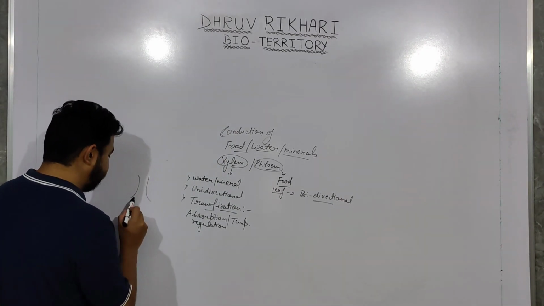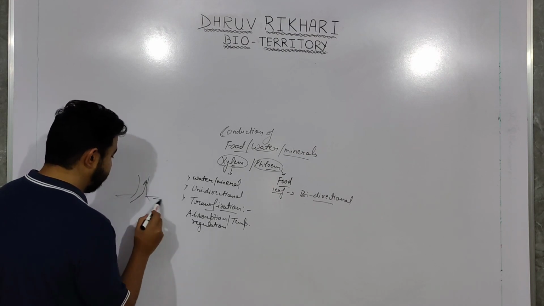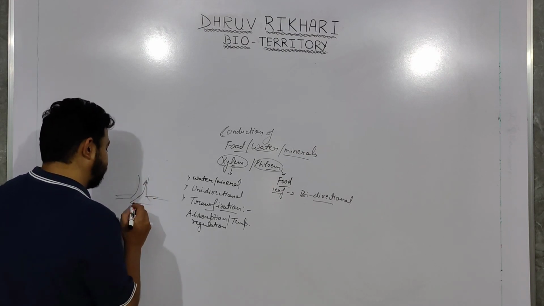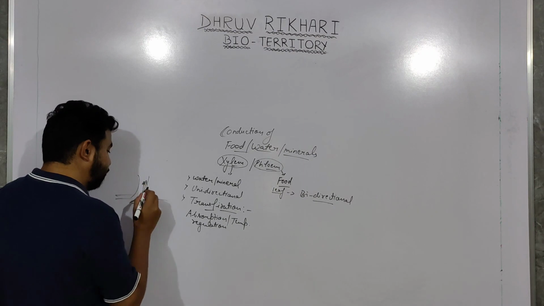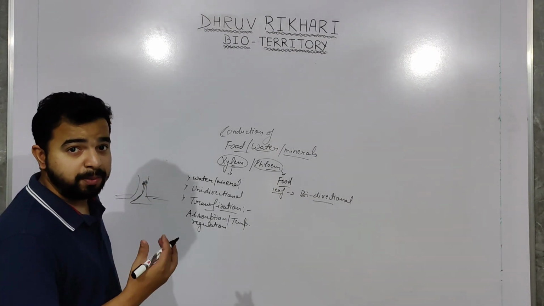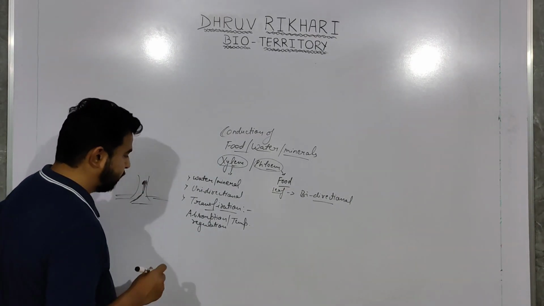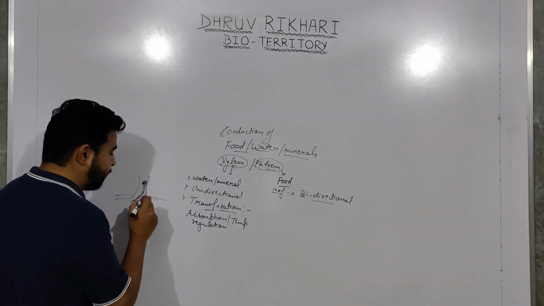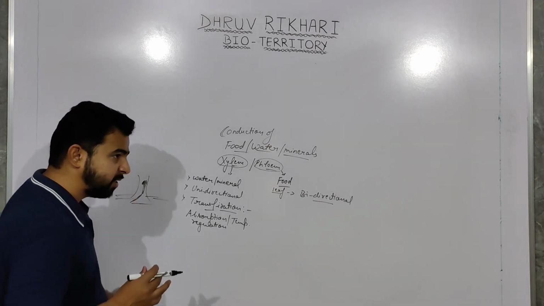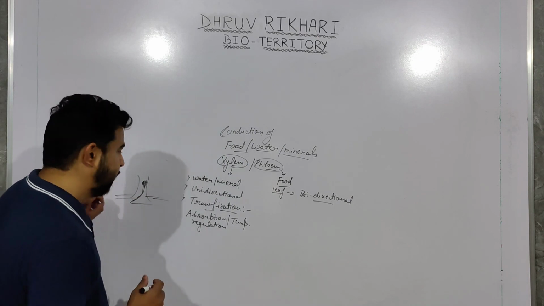When roots are taking water and minerals from the soil in upward direction, this upward movement helps in temperature regulation of the plant, because this transpiration process is helping in suction of water and minerals from the soil.